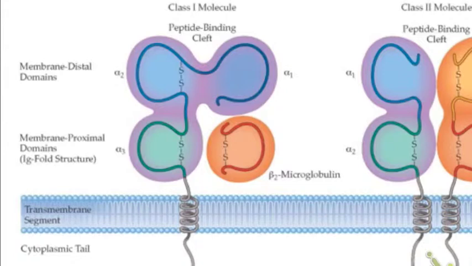As we see in the diagram below, MHC class 1 proteins consist of two polypeptide subunits, an alpha chain, also known as a heavy chain, and a beta 2 microglobulin.